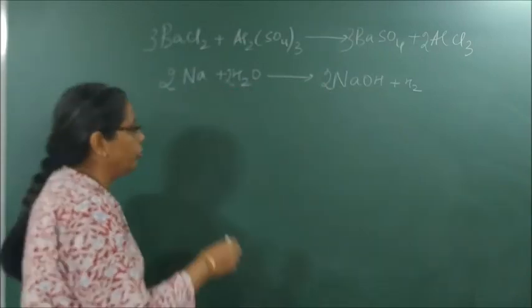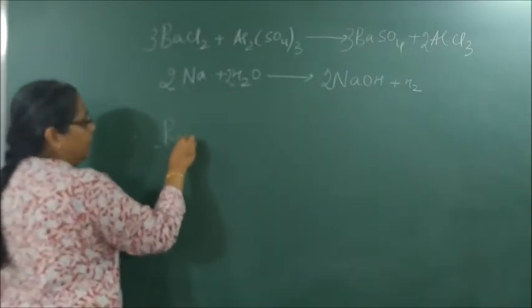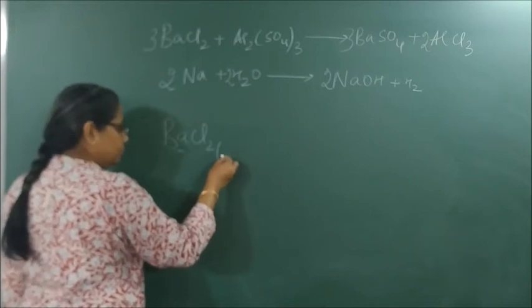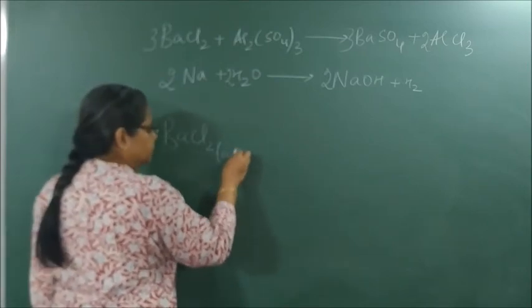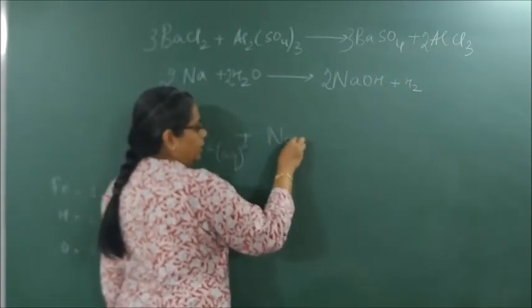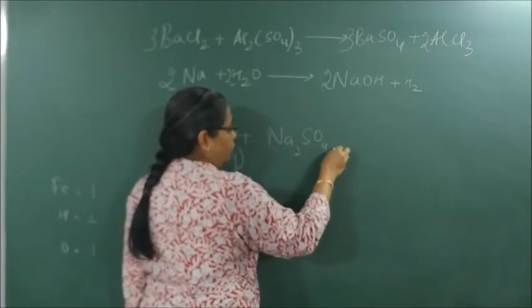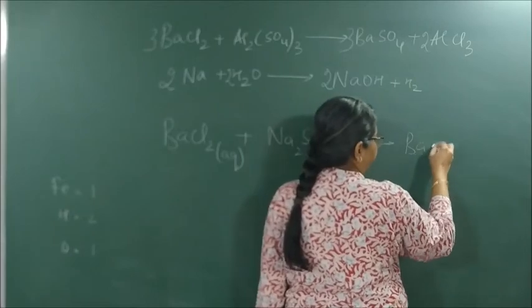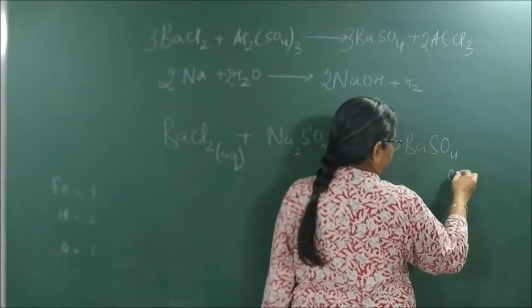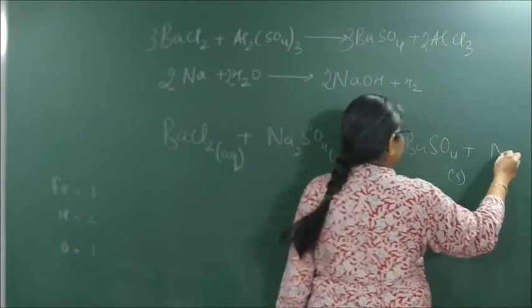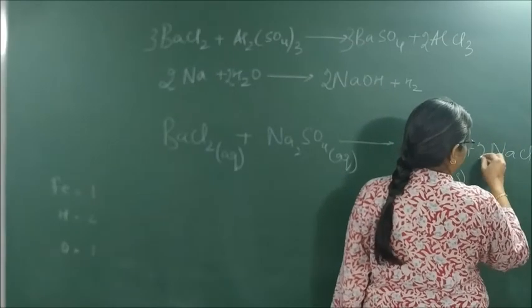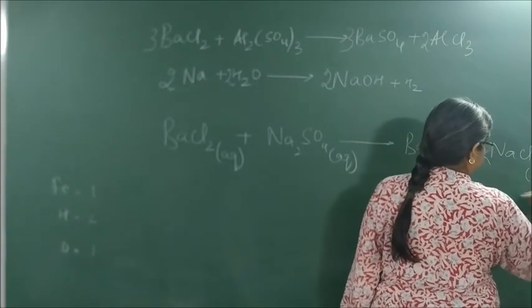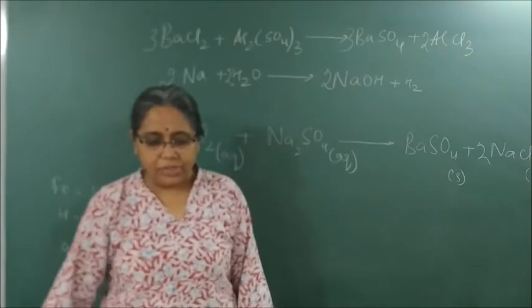A solution of barium chloride, BaCl2 aqueous, plus sodium sulfate, Na2SO4 aqueous, forms a precipitate of BaSO4 solid plus NaCl. How many NaCl? 2NaCl, aqueous NaCl.